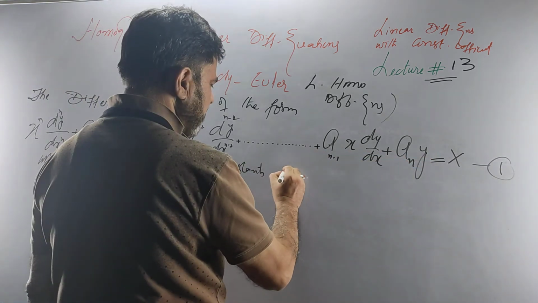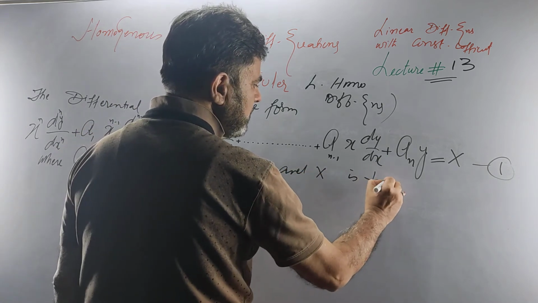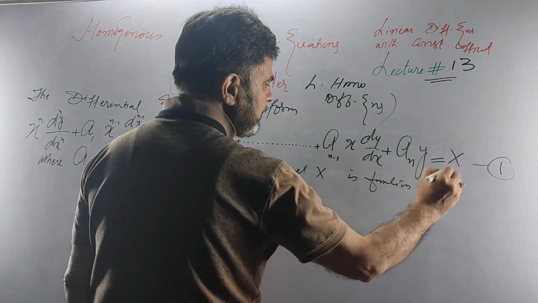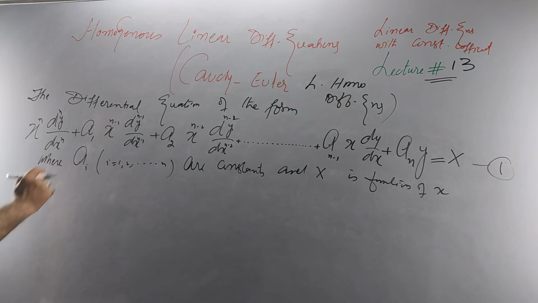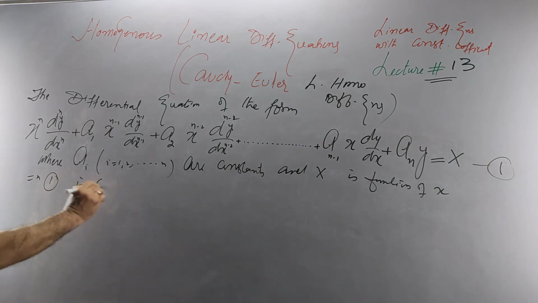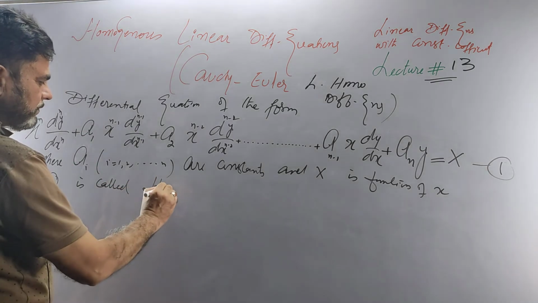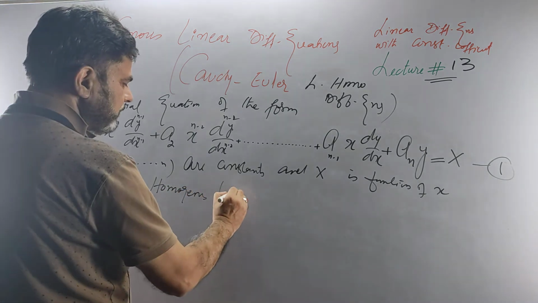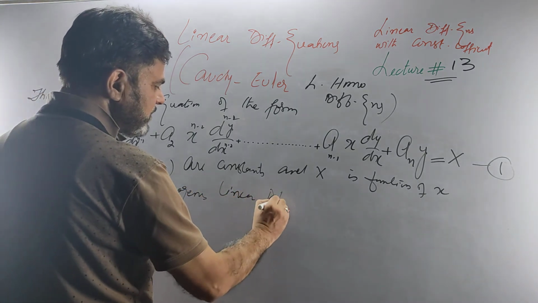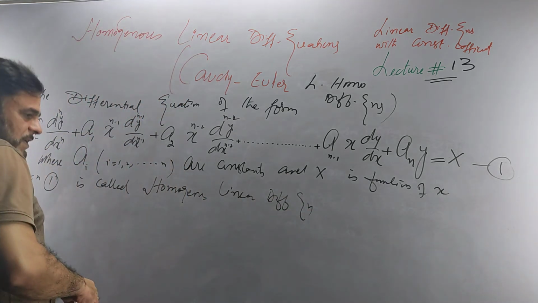The right side is X, and capital X is some function of x. This differential equation is called a homogeneous linear differential equation.